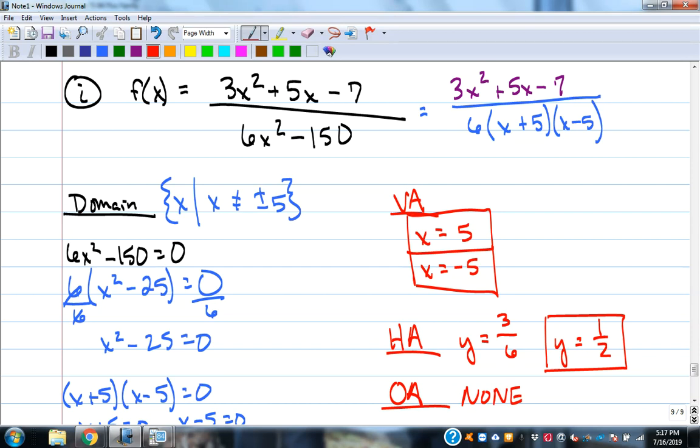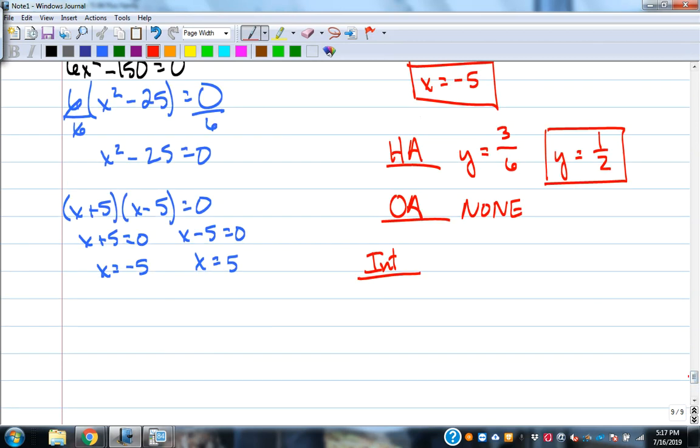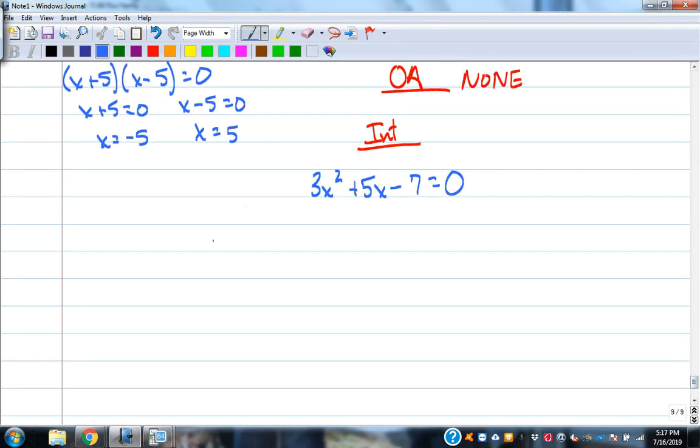All right. Now, let's get our intercepts. X-intercepts, set the top equal to 0. We've already tried to factor it, and it wouldn't factor. How can I solve something that's quadratic, but it won't factor? Quadratic formula.